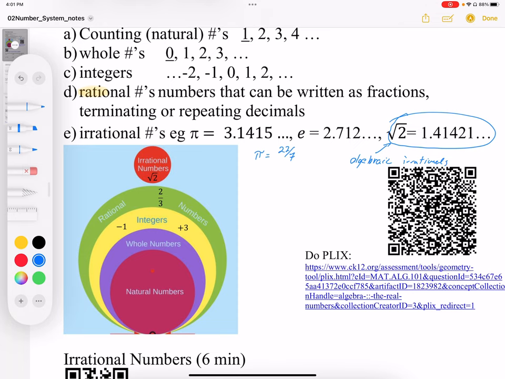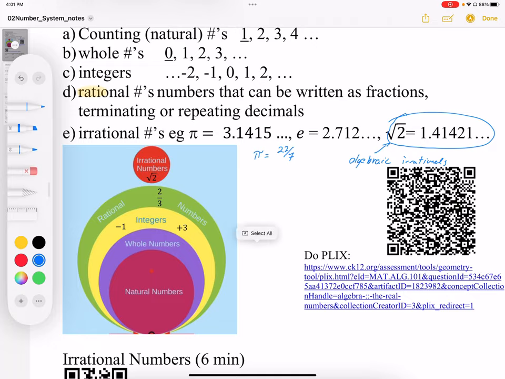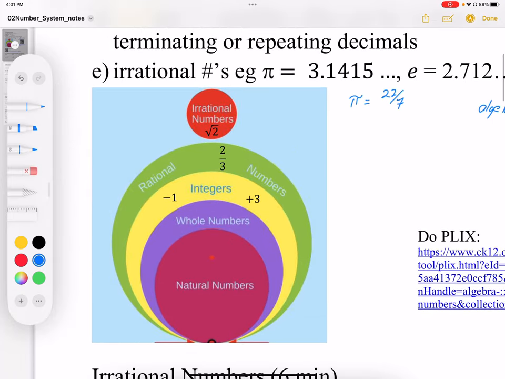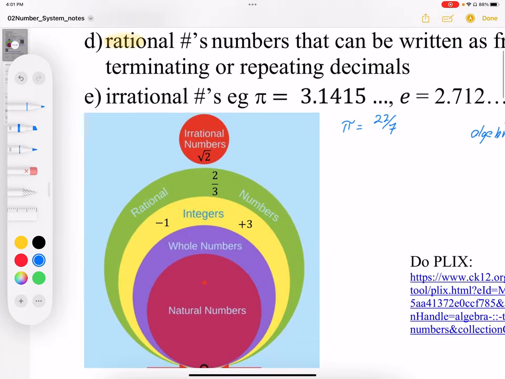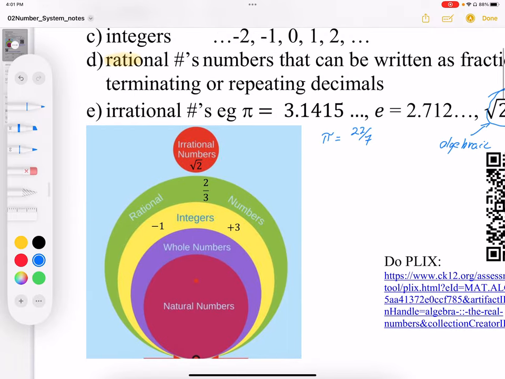Okay, and so here we show a Venn diagram showing how these numbers relate to each other. We can see that natural numbers, or the counting numbers, are a subset, entirely contained in whole numbers. The only difference is the whole numbers include zero.